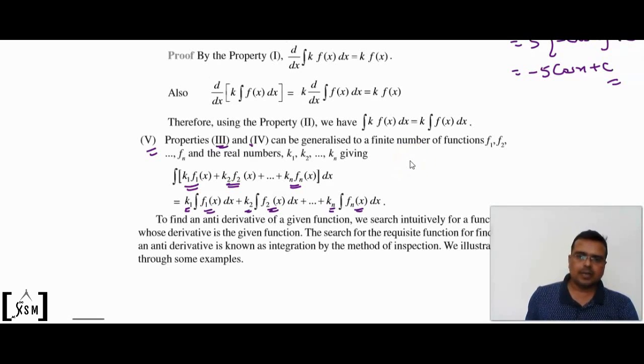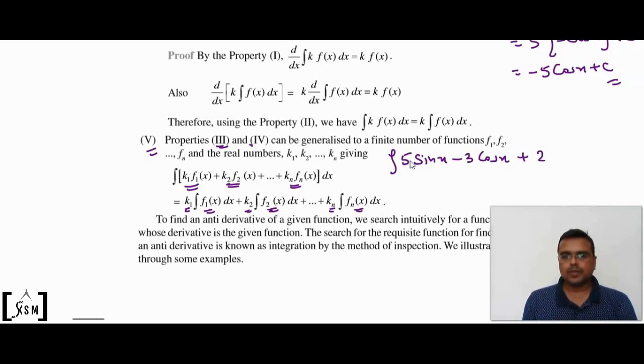Let me take an example for you. If you have integration of 5 sin x minus 3 cos x plus 2 e to the power x, writing dx is very important.